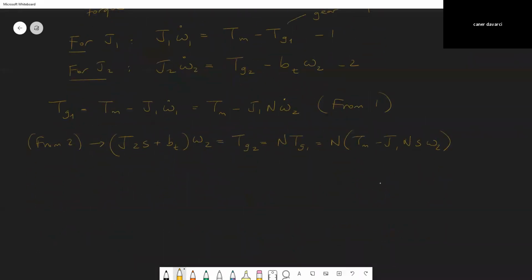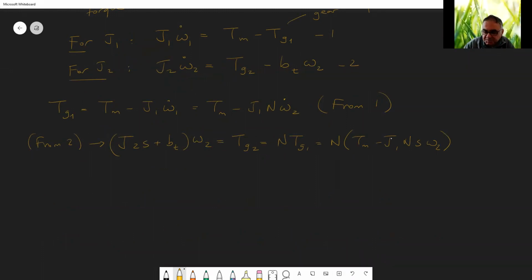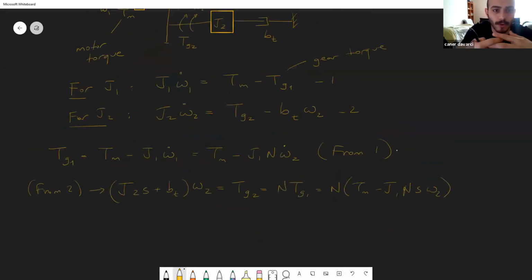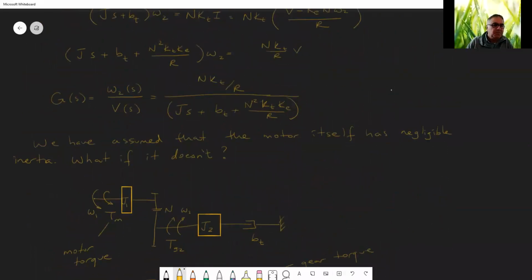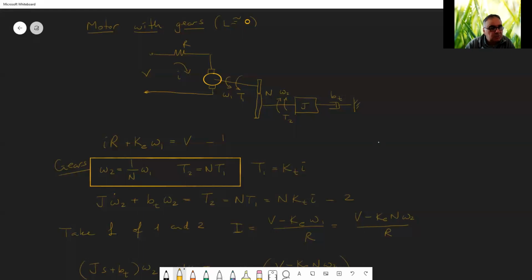A student asks: why did we write Tg1 and Tg2 in this problem but not in the previous problem? The speaker answers: okay, because since these gears don't have inertia themselves, Tg1 is equal to T1 and Tg2 is equal to T2.